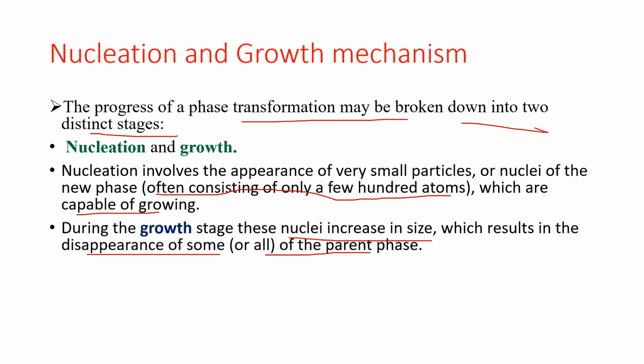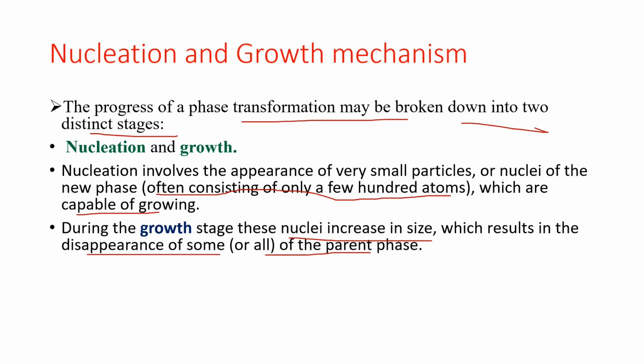The transformation of one phase to another can be explained with an example. In the iron carbide diagram, if carbon at 0.76% is added to the austenite region, then cementite and small ferrite alpha particles are formed.